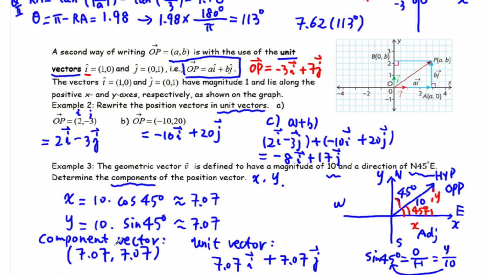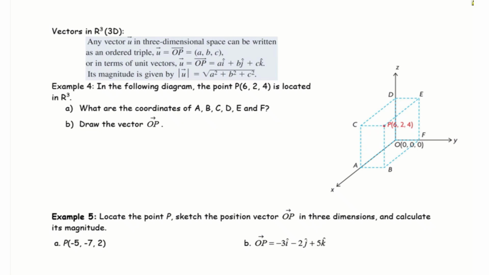We have learned the component vector notation and the unit vector notation. For the unit vector, the x direction is i, and the y direction is j. Okay, and next one, three dimensions. In three dimensions, this is x, this is y, this is z.